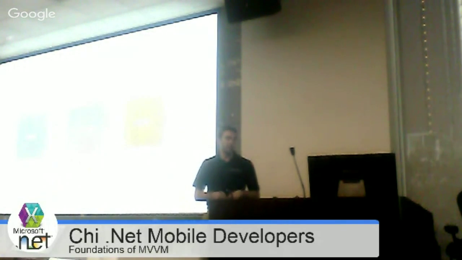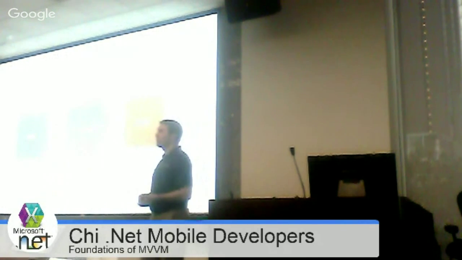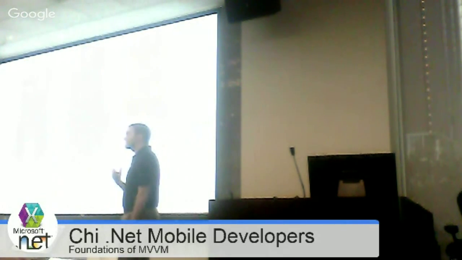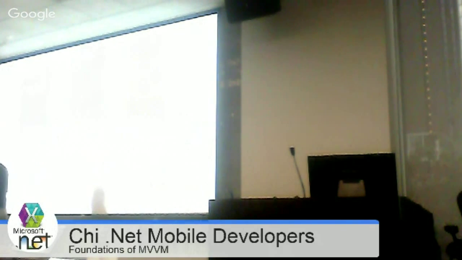Okay, so I've explained that to you. Now I want to go through the three core concepts of MVVM. The first concept is this idea of data binding. And this is one of the most central points to MVVM because it gives its power. I just talked through an example of using this application for testing.